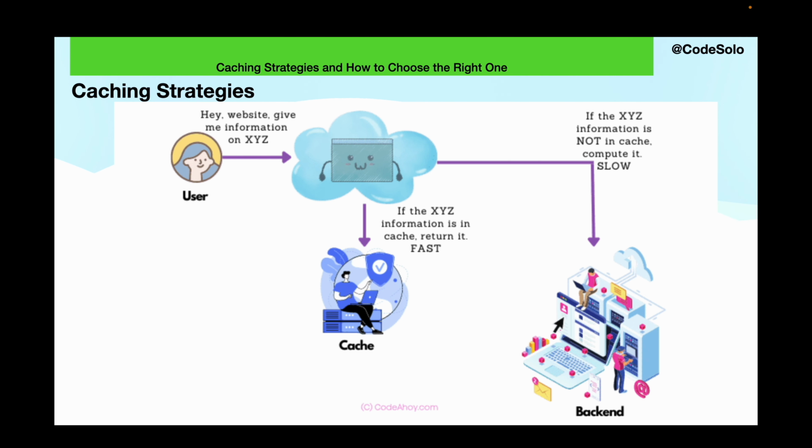But let's suppose there is no data for XYZ inside the cache, then it will go to the backend DB and compute it slower. So this is the advantage, because from cache it returns faster, but from the DB it returns a little bit slower. So let's see which is the first cache strategy.